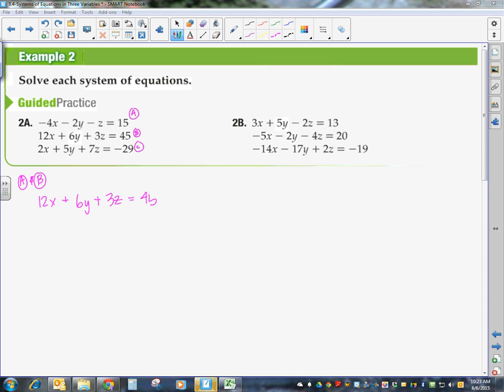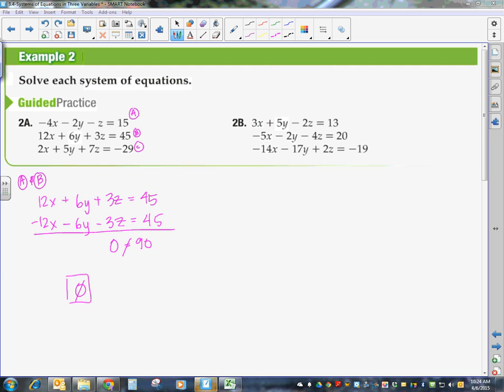Then I'm going to take A and multiply it by 3, so I'm going to have negative 12x minus 6y minus 3z times 3 equals 45. Once you notice that everything on this side falls out, but that side did not, that of course leaves me with an answer of no solution, because I got a false statement.